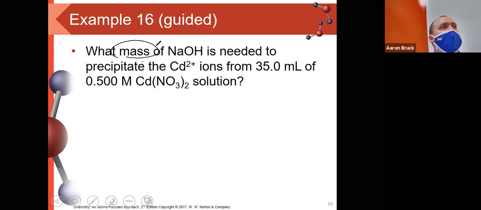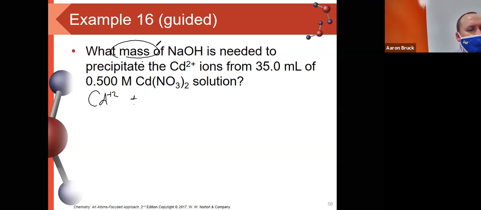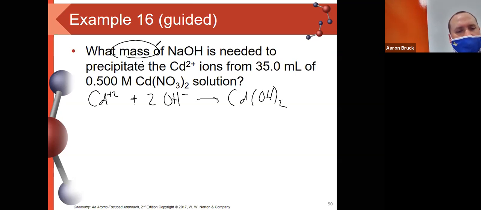So this is an example of where we need to use solution-based stoichiometry to figure out our answer here. The reaction here, from a net ionic perspective, I've got cadmium-2 reacting with 2 hydroxides to make cadmium-2 hydroxide.